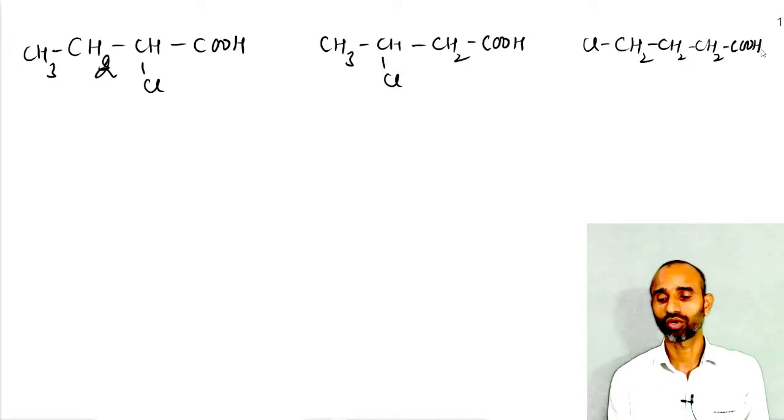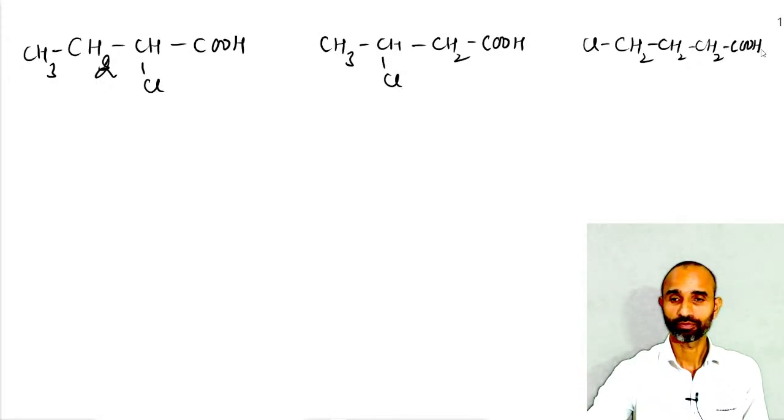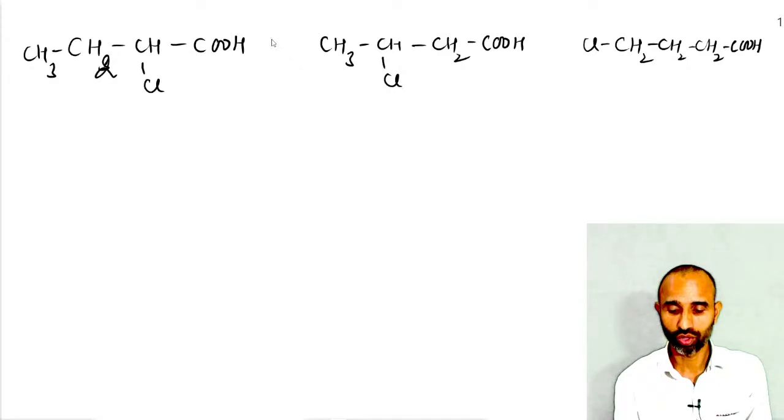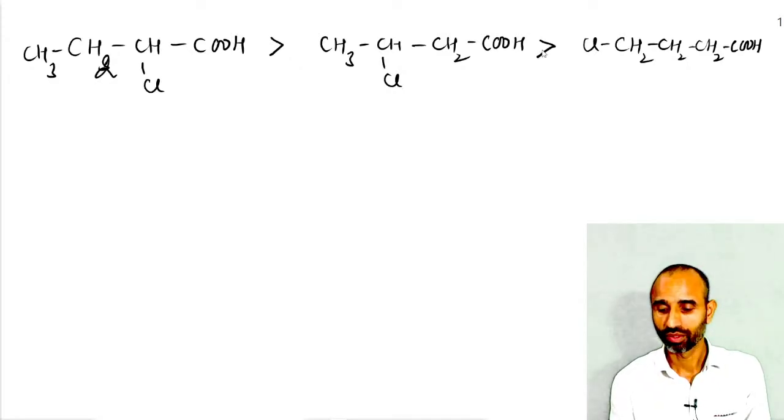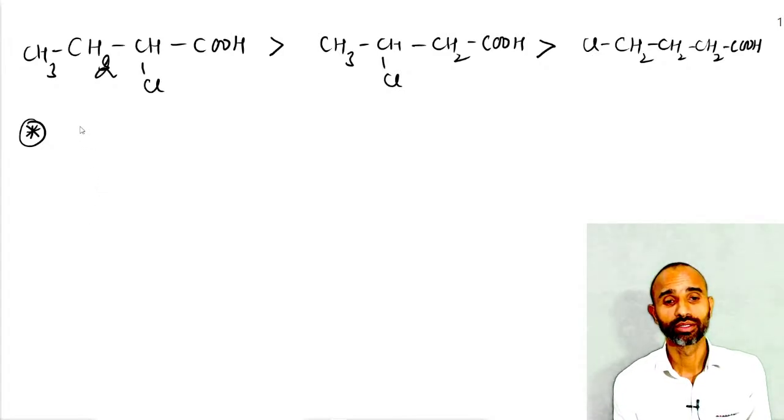So what is the order of acidic strength? 2-chlorobutanoic acid is the strongest. So 2-chloro is more acidic than 3-chloro than 4-chloro. So one more inference is there.